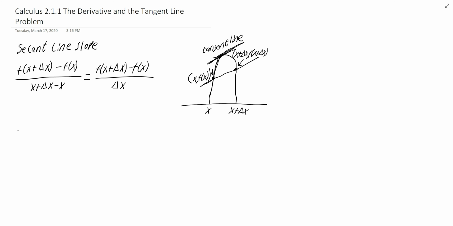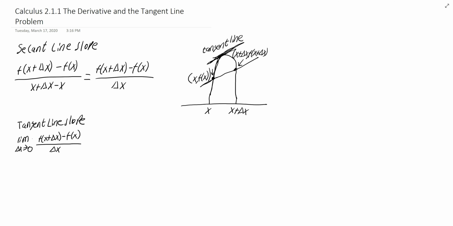So the tangent line slope formula is the limit as delta x goes to 0 of f of x plus delta x minus f of x, all over delta x.